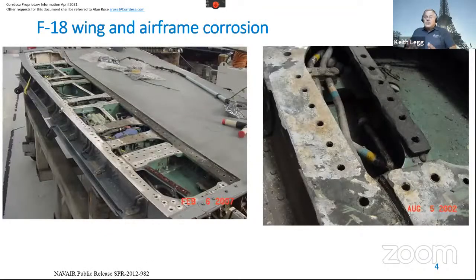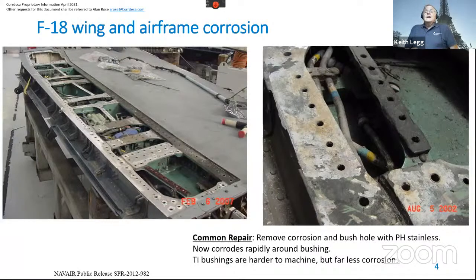All right, you saw that movie that Alan showed of that wave crashing over the Kitty Hawk, and this is the result. And he showed some of those too, but you can see how bad this corrosion is once you take the skin off an airplane like an F-18. It's terrible, especially in those holes. So I think you'll find a couple of things come up, Alan, if you hit there. Okay, so what people tend to do is, see how many hundreds of holes these are?